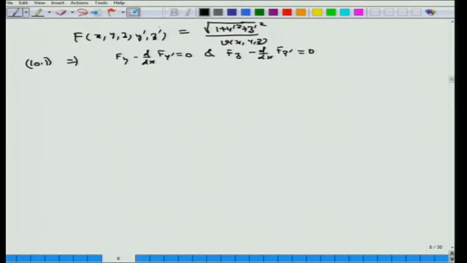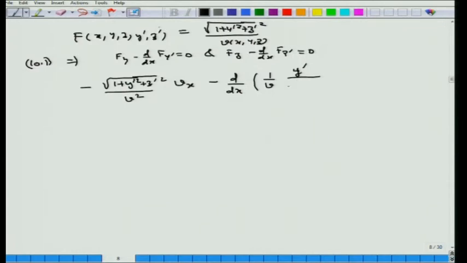Here f y gives you the square root of 1 plus y prime square plus z prime square over minus v square, and v y, and minus d by dx of 1 over v and y prime over the square root of 1 plus y prime square plus z prime square equal to 0.